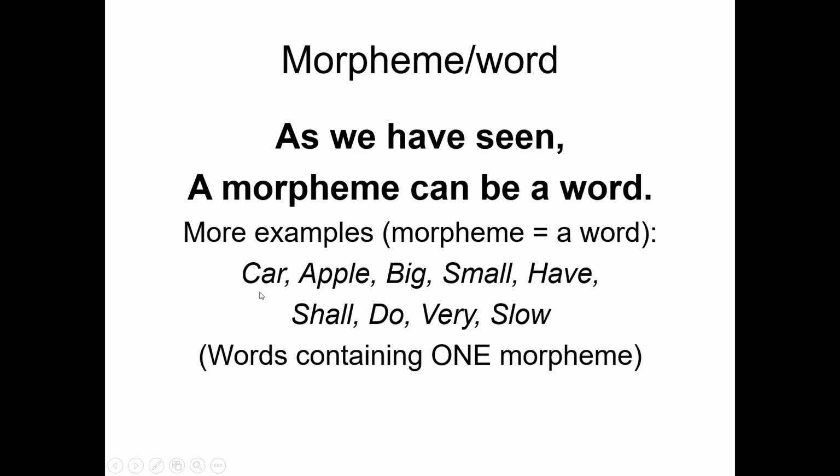You can split car into phonemes which don't bear meaning by themselves, but not into smaller meaning-bearing units. Car, apple, bake, small, have, shall, do, very, and slow. And you've got a multitude of words in English, in other languages, which contain only one morpheme.